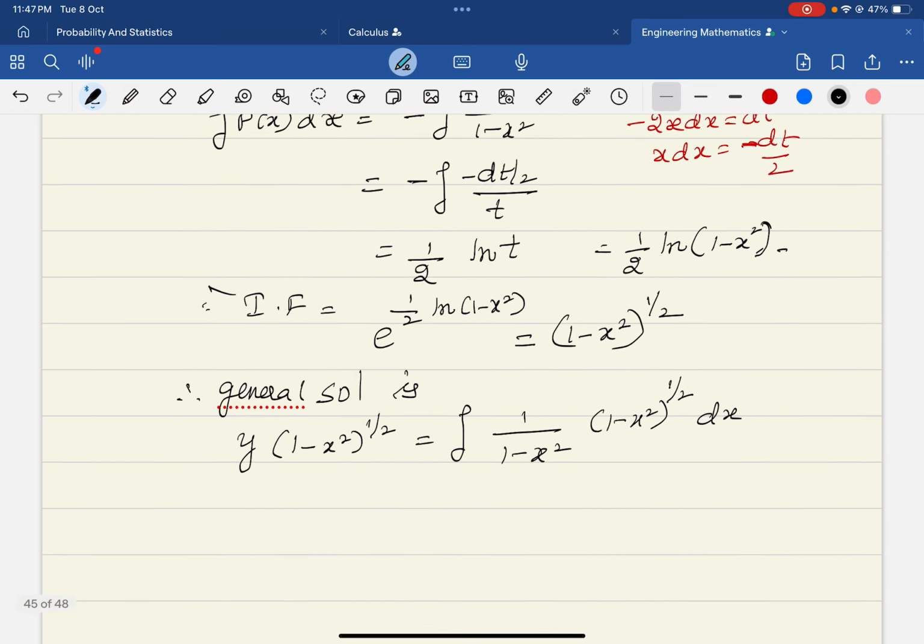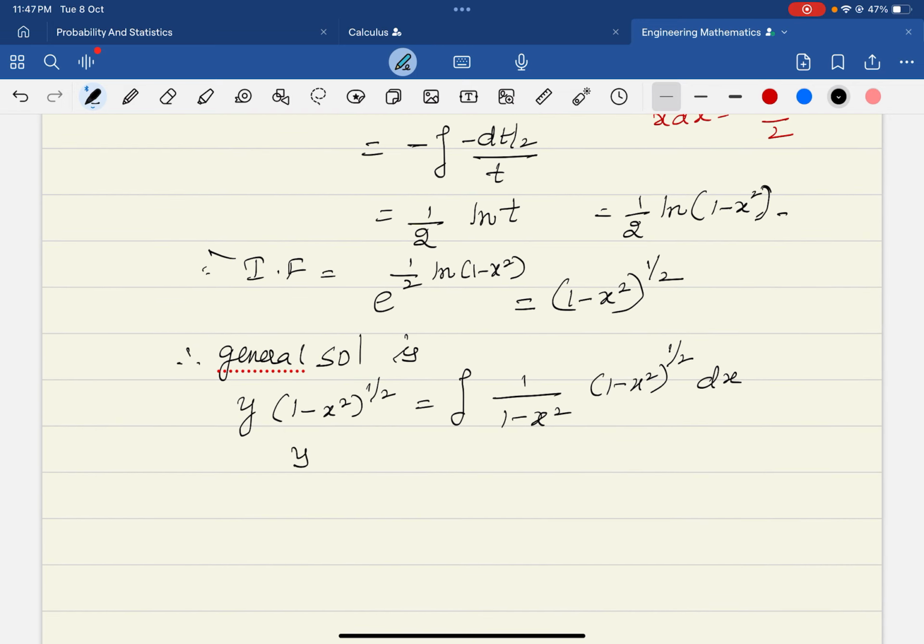Next, we write this as y into the square root of 1 minus x square, or keep it like that also, no problem, is equal to the integral of 1 over 1 minus x square power half dx.